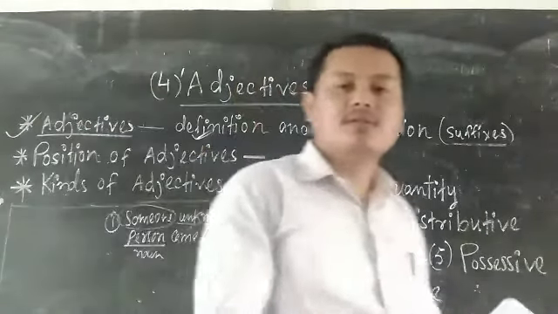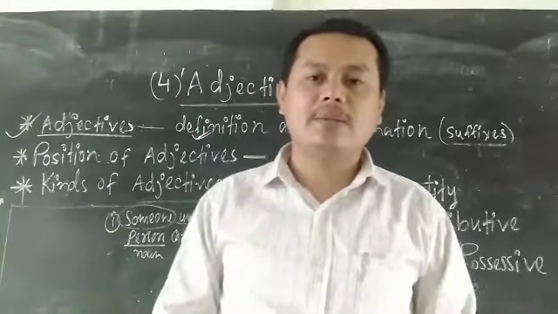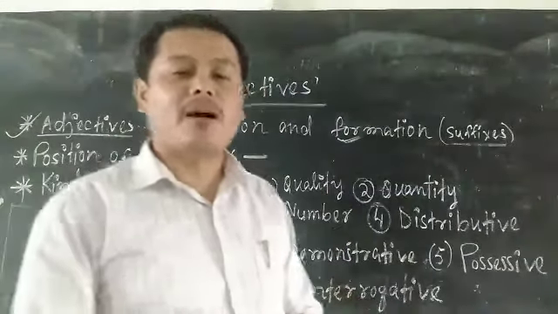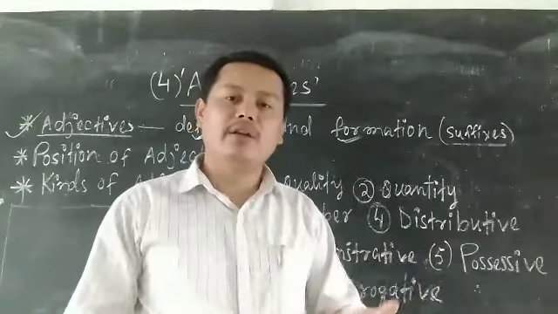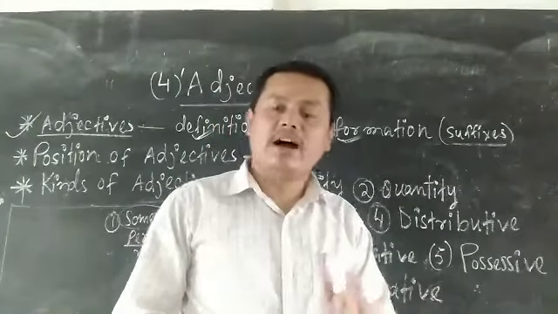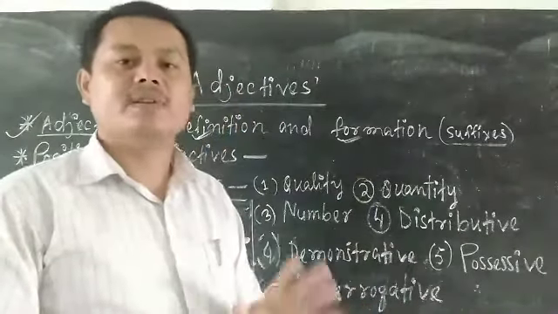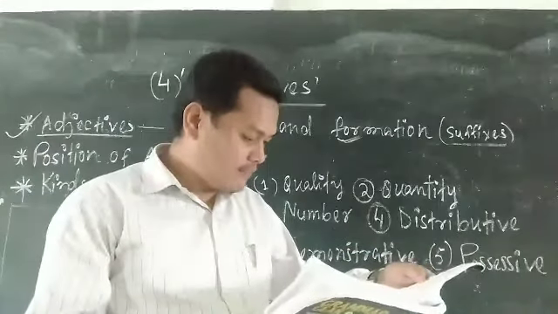So my dear students, this is the second rule of the position of adjectives, that if indefinite pronouns like someone, everybody, anybody, somebody are there in a sentence, then we have to use the adjective immediately after such words. I hope it's clear to you.